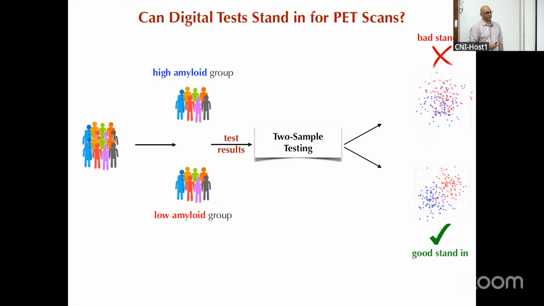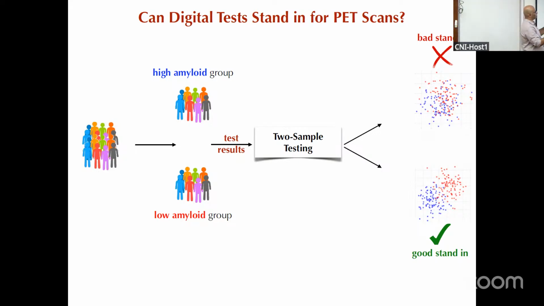Right? So let's say there were 50 individuals there, 50 individuals here, and there are 50 blue dots here and 50 red dots. They're nicely separated, but the 50 people in the blue dots are completely different from the 50 people who are in the low amyloid group.